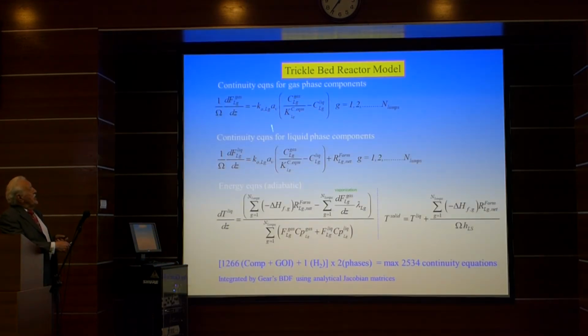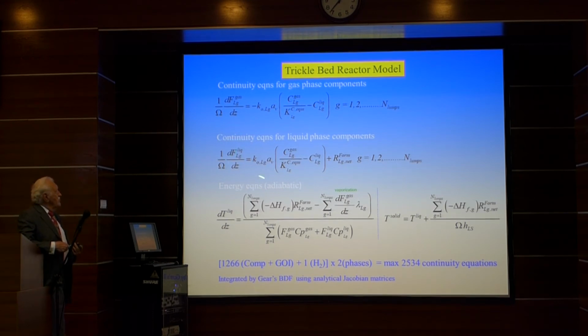And we have what is called a trickle bed reactor model, and you have continuity equations for the gas phase components, saying how they change along the reactor, and they change because of transfer from the gas phase to the liquid.